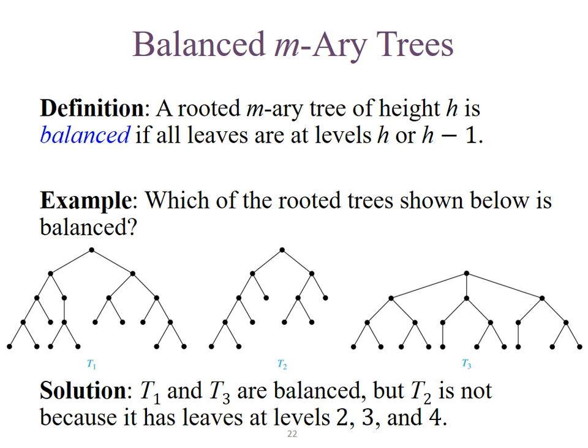Is this tree a full binary tree? It is not, because for a full binary tree, we need exactly 2 children for each internal vertex. In this case, the internal vertex only has one child. So it is not a full binary tree.